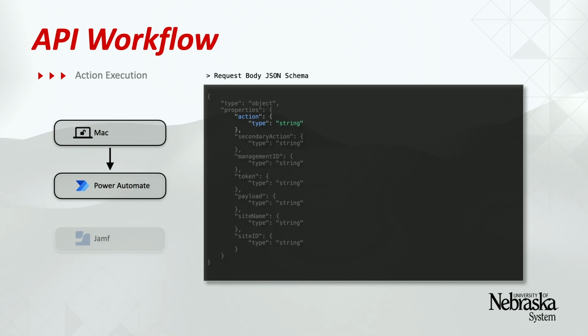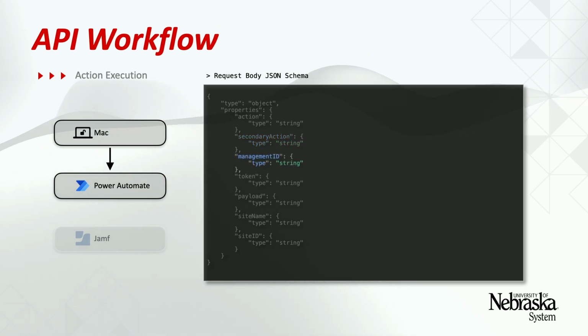That is, we're going to use the action, but the action this time is not init, it's update. We're also going to supply a secondary action. That is to specifically call the update set site action in our flow.